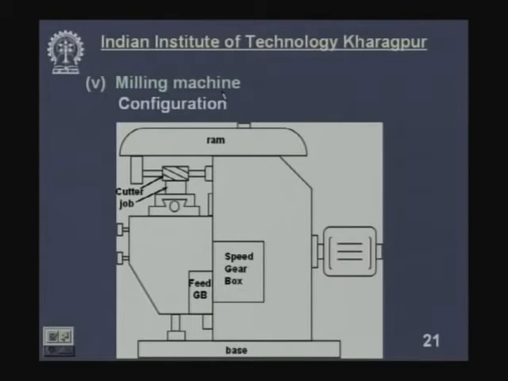In the milling machine, this is the cutter and this is the workpiece. The cutter rotates on this arbor. The arbor receives motion from this source and there is a gearbox inside, and this is the ram whose position can be adjusted from time to time.